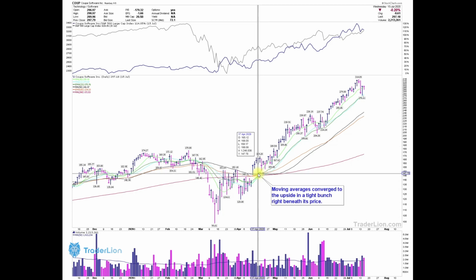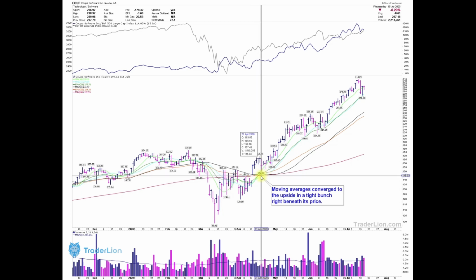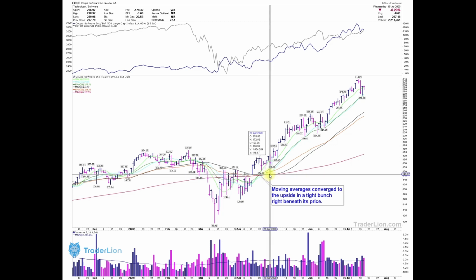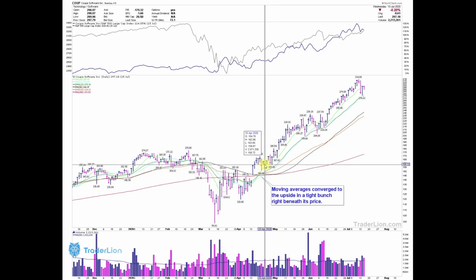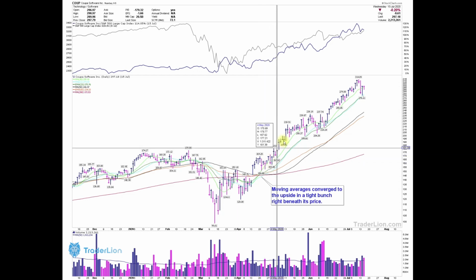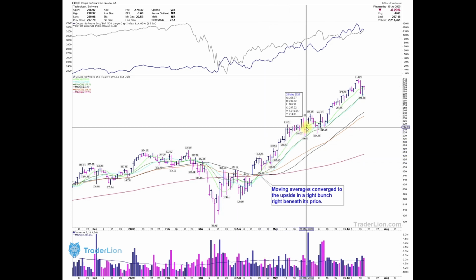But when we see this and the constructive action along the average as the stock moves sideways and the moving averages begin to expand, you're still in plenty of time to accumulate shares in and around that area as well. As you can see, you still get an explosive move to the upside.